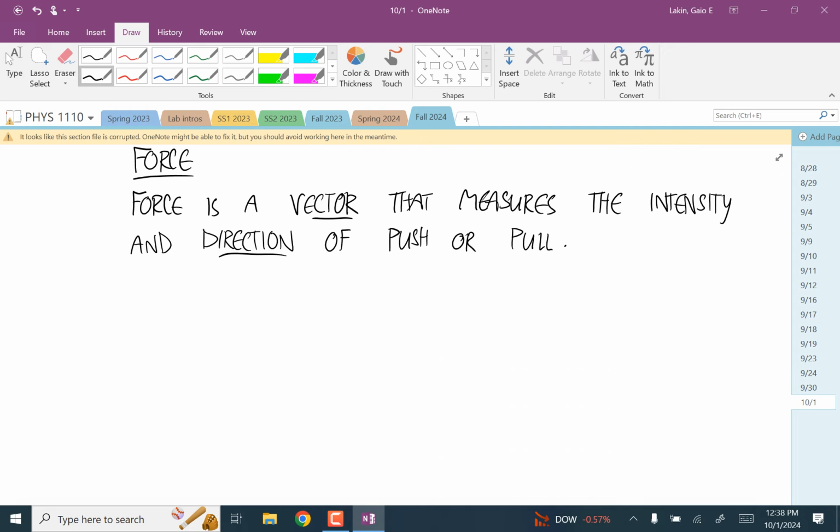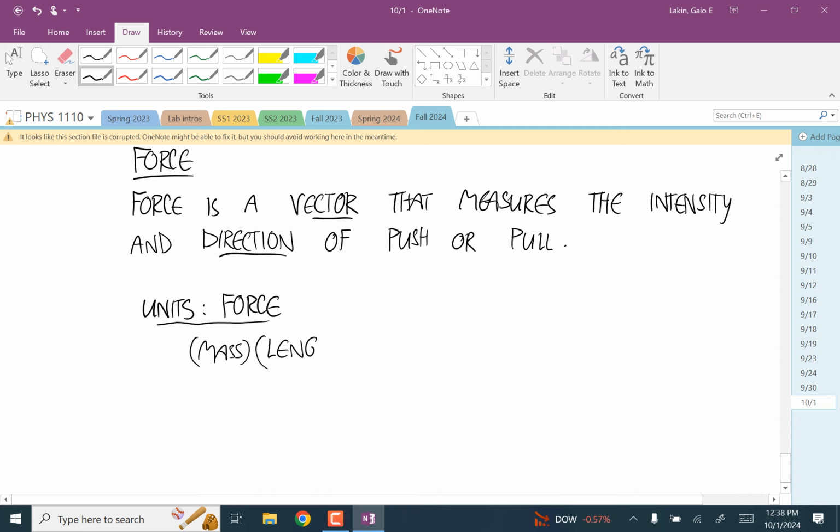The units for force. So these are kind of crazy. So the units for force are units of mass times units of length divided by units of time squared.